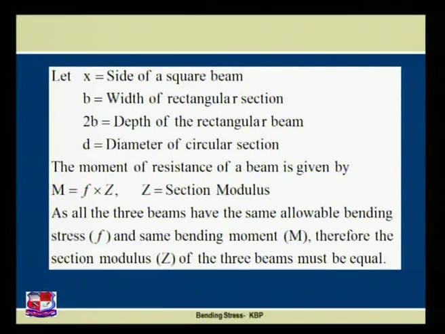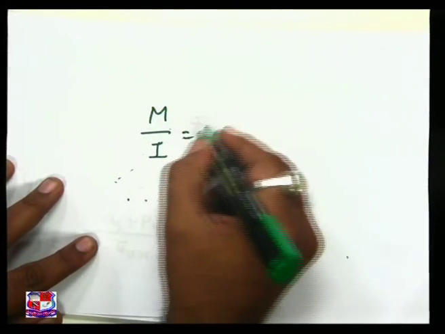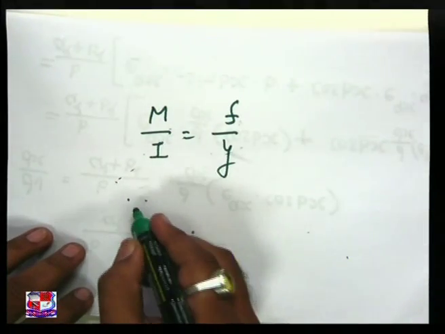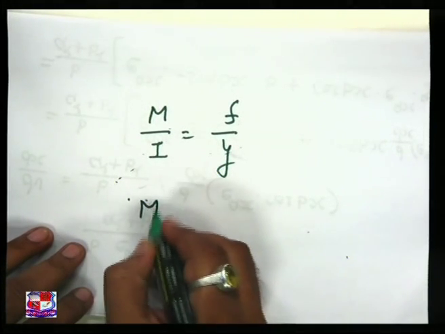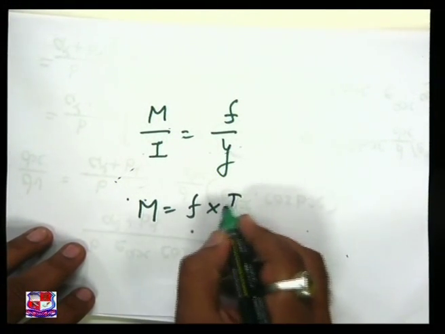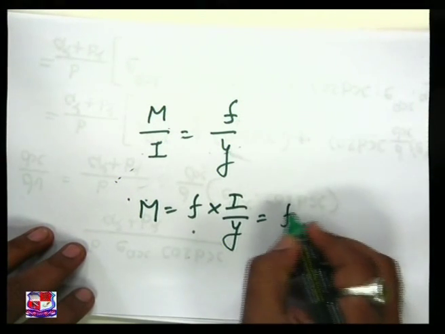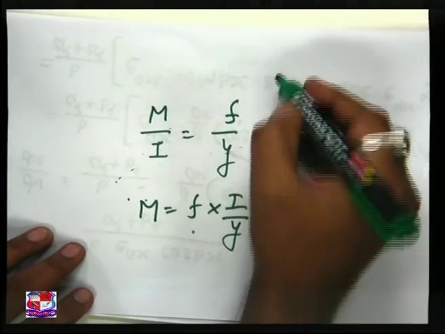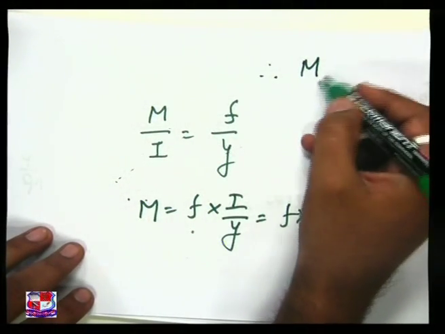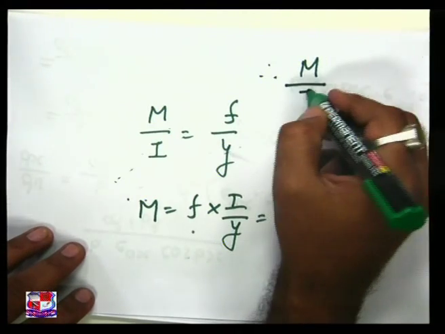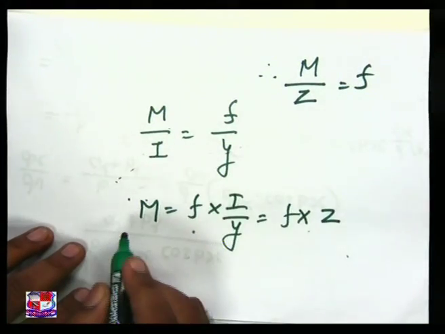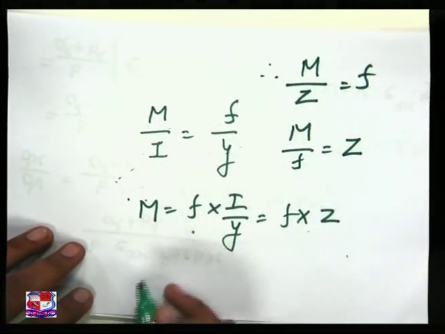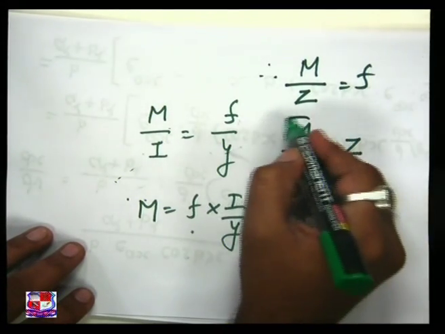We know the equation M over I is equal to F over Y. If we simplify this, M is equal to F into I by Y, which is F into Z. Therefore M by Z is equal to F, or M by F is equal to Z. M is constant for all the beams.